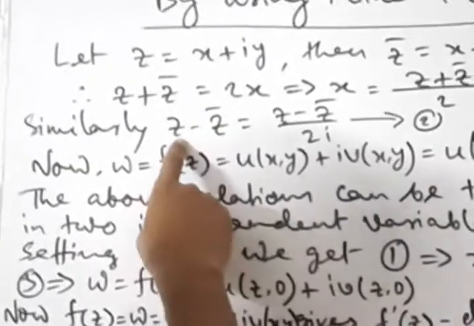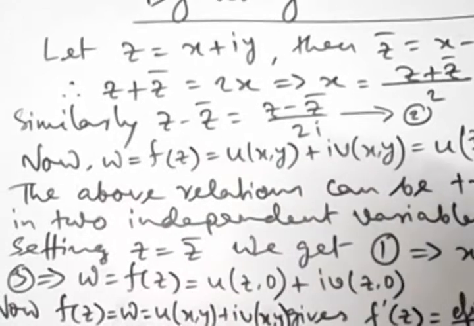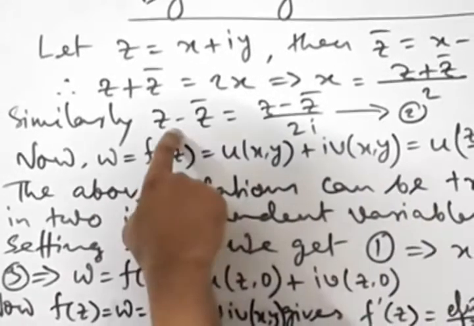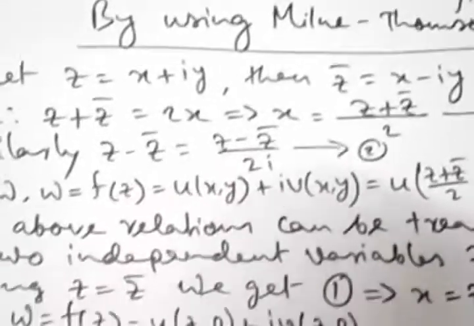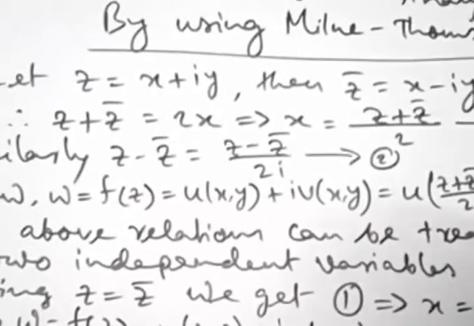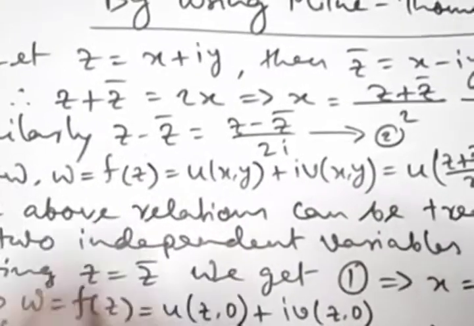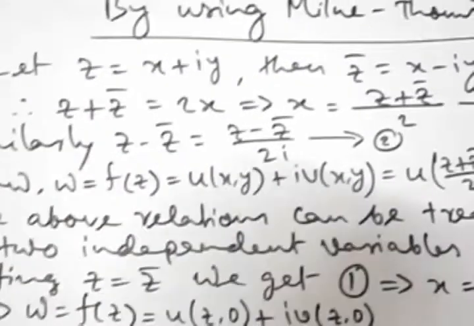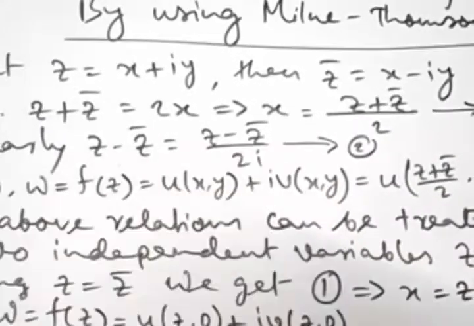Similarly, by subtracting z bar from z, we get y is equal to (z minus z bar) divided by 2i. Here z is the complex number which is considered initially and z bar is its conjugate.